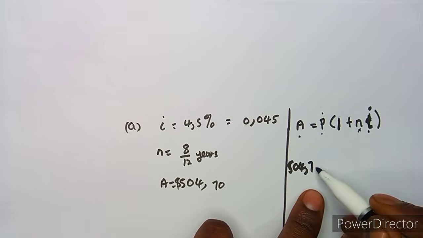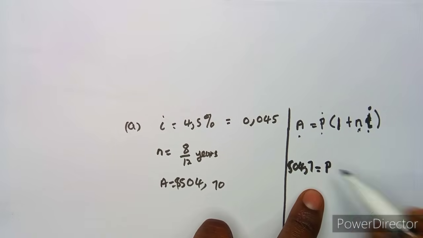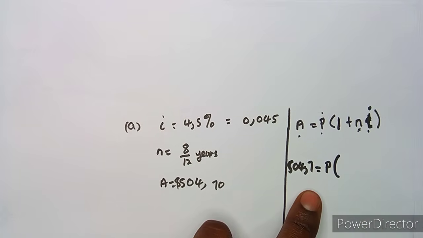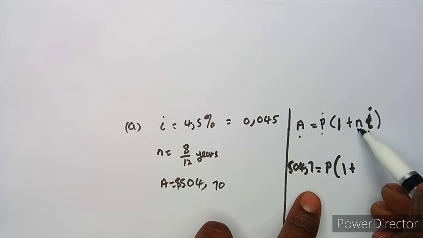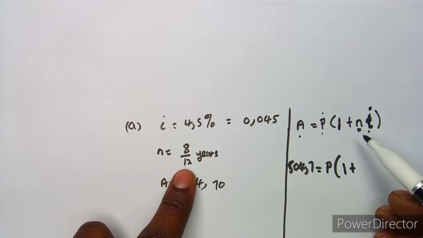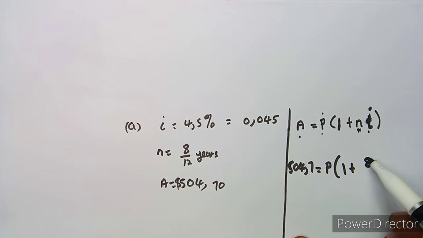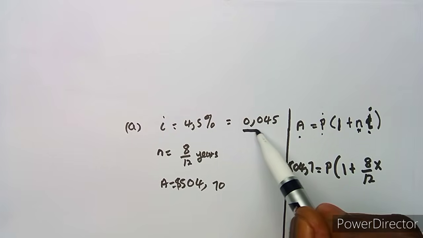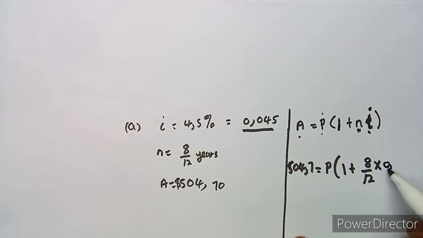We want to calculate P, the amount that was initially invested, times 1 plus N, the number of years, which is 8 over 12, times the interest rate as a decimal, 0.045.